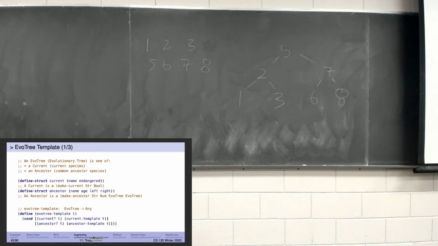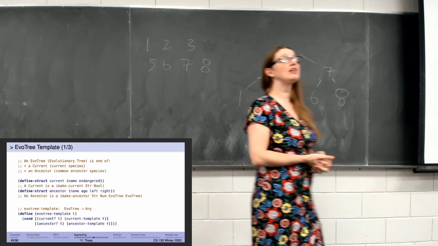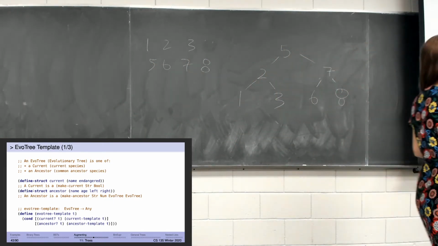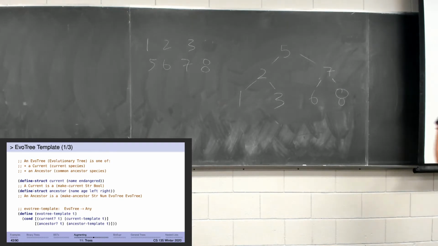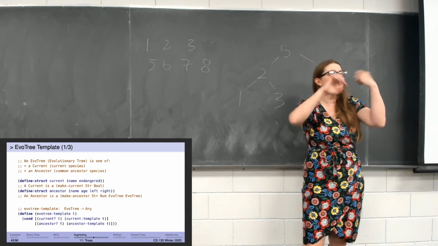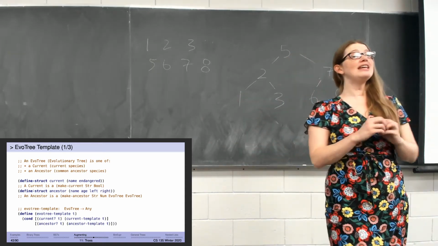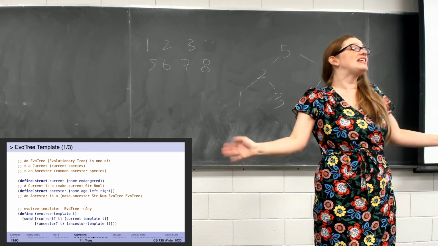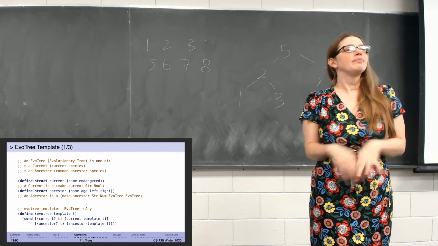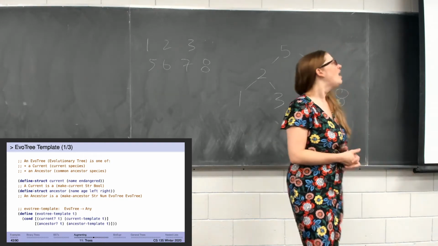Our evolution tree is either a current species, which is going to be our leaf node, or an ancestor, which is going to be an internal node. If you're an ancestor, we're going to make the assumption that when some evolutionary event happened, like a meteor fell from the sky, you evolved into exactly 2 species. Again, a simplification of things.